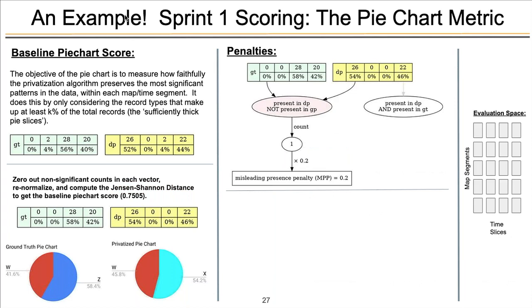Jensen-Shannon distance tells us how we managed to keep the width of the pie slices fairly similar between the ground truth and the privatized data. But we want to do better than that, right?